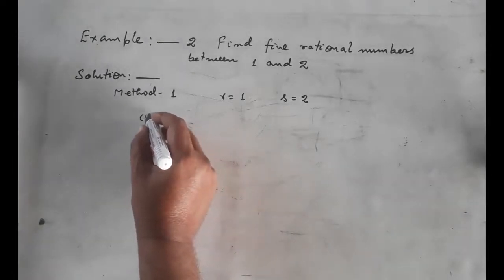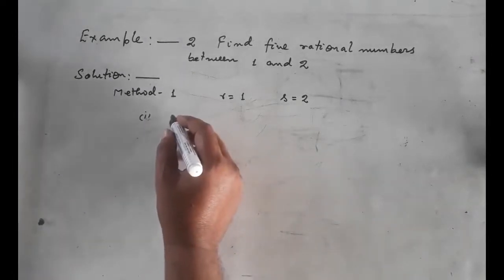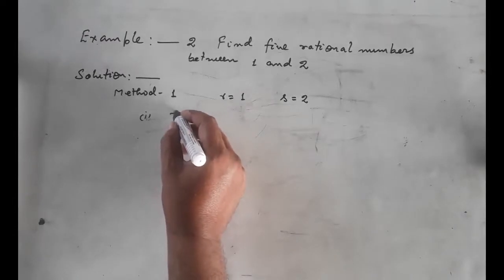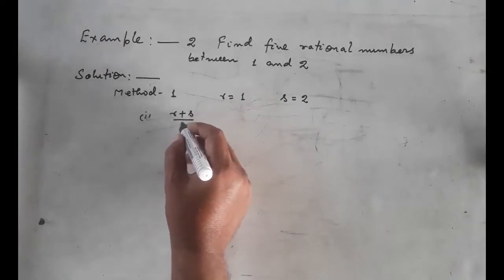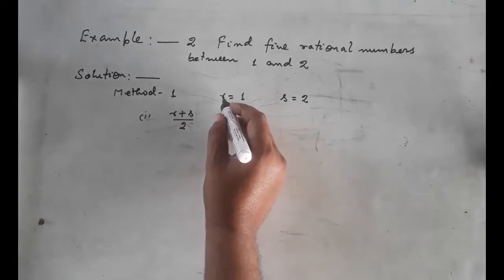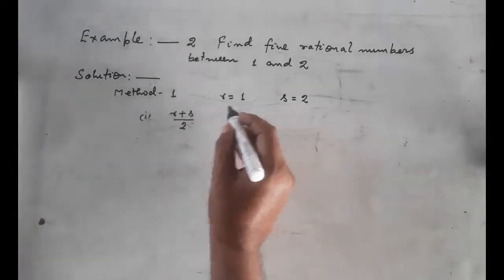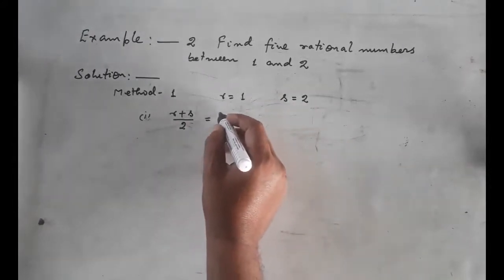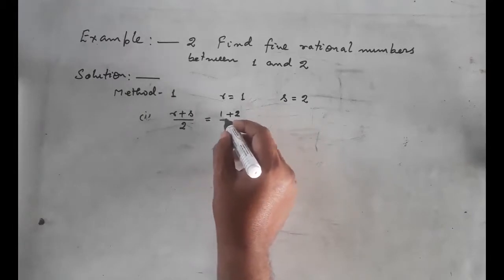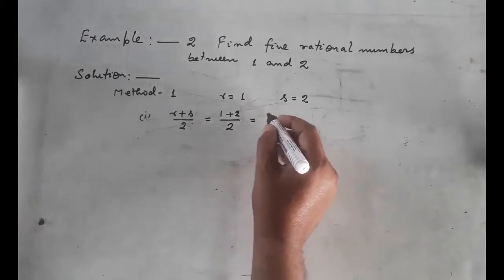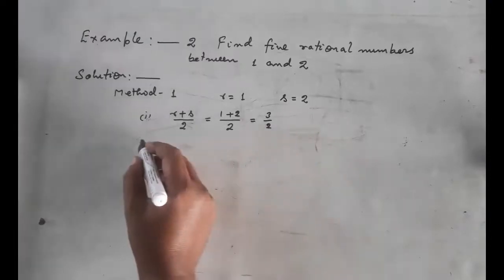We find the first rational number by doing r plus s by 2, meaning adding the first and second number divided by 2, meaning 1 plus 2 divided by 2, that is 3 by 2.